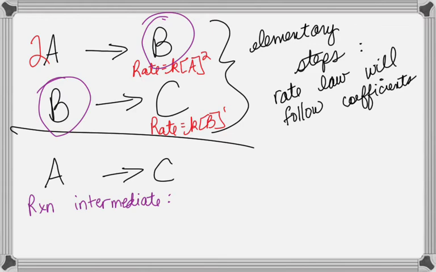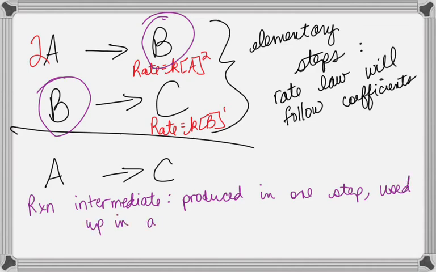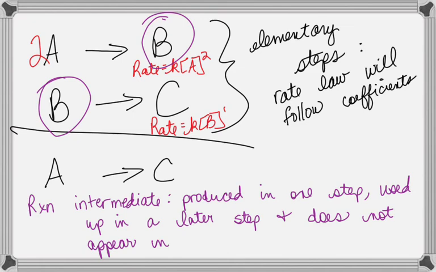The definition of a reaction intermediate is it's produced in one step, used up in a following step, and does not appear in the overall equation. Or I should say overall reaction.